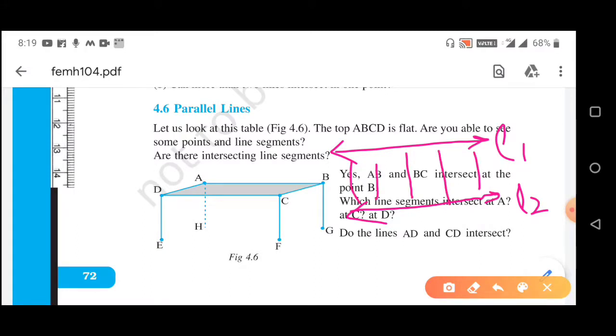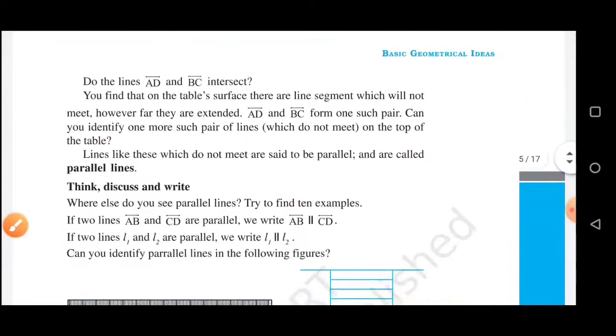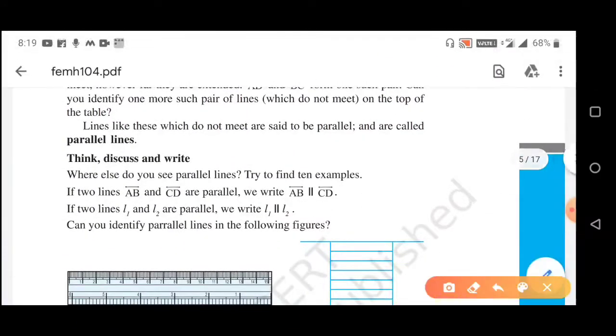See, all the distances will be equal, so they will not touch each other. These are called parallel lines. Here it is given, lines like this which do not meet are said to be parallel and are called parallel lines.